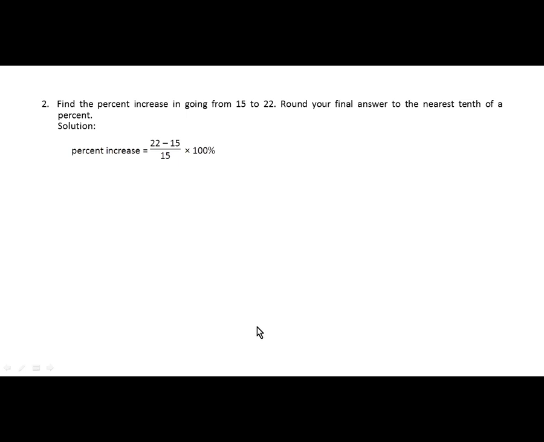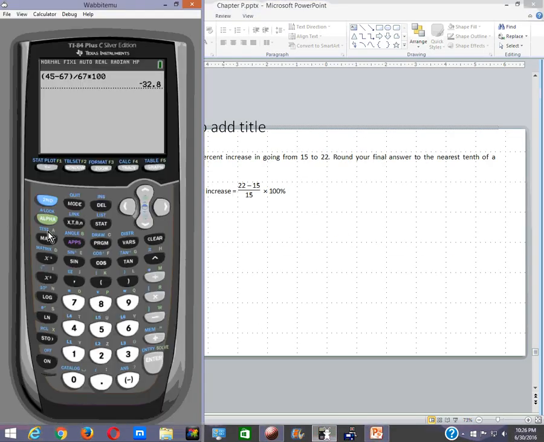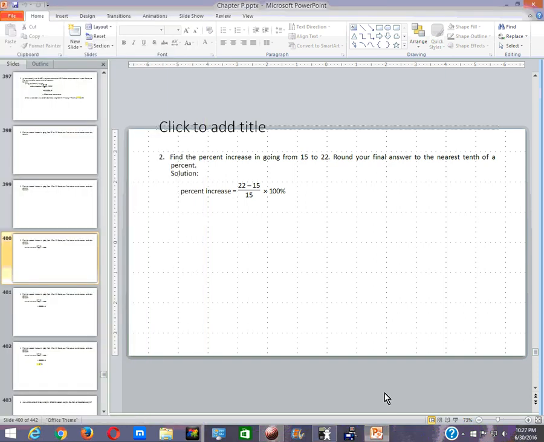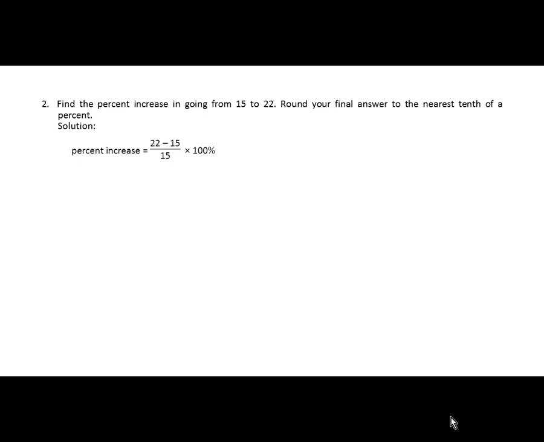So again, if we give it to the calculator, open parenthesis, 22 minus 15 close, divided by 15 times 100. 46.7%. Remember, the calculator was already doing the rounding for us. We set our float.